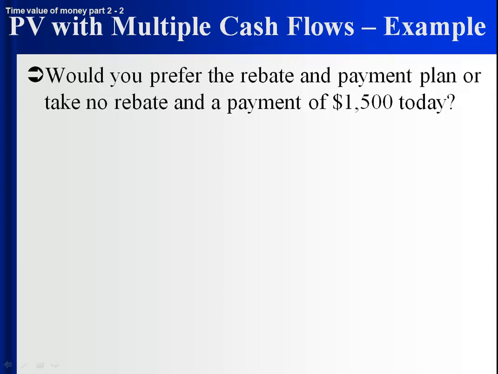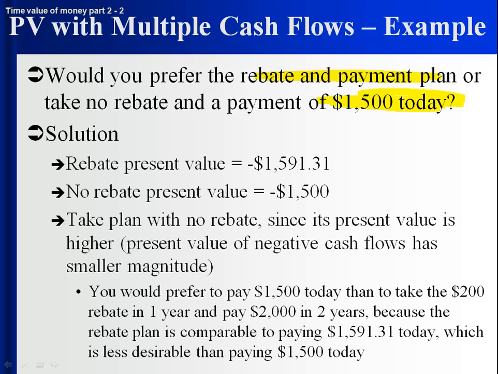So you have a choice. You walk into the store and you can take this rebate and payment plan, or you can simply pay $1,500 today. What would you choose to do? Well, you would choose to take no rebate. Why? Because the rebate plan has a present value of $1,591.31.